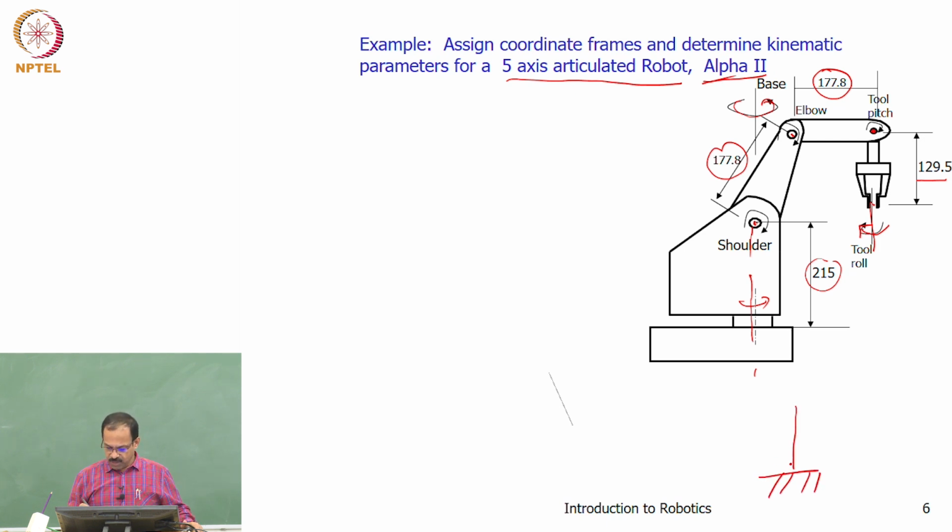This is the shoulder joint, this is the elbow joint, this is the pitch joint, this is the roll joint, and this is the tool. I call this the home position of the robot. You can assume any home position, as I mentioned in the previous class.